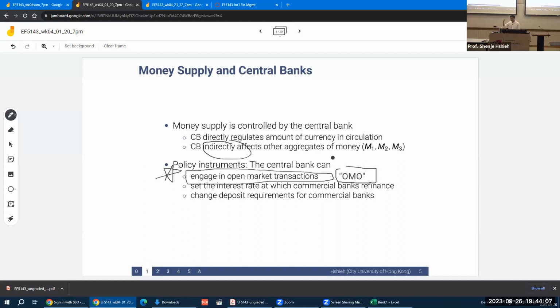So you have to change the central bank's balance sheet in order to influence the supply of currency. And when you change the balance sheet, that means you're taking out or injecting government bonds into or out of the economy. And doing so is going to change bond prices, right? And when you change bond prices, that's going to change bond yields. And when you change yields, you change interest rates.